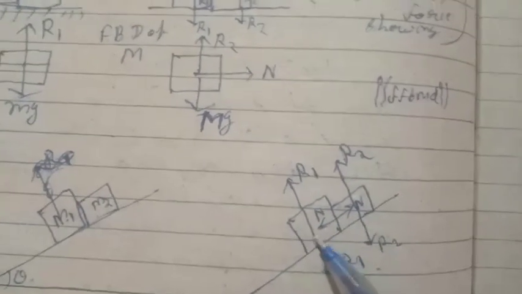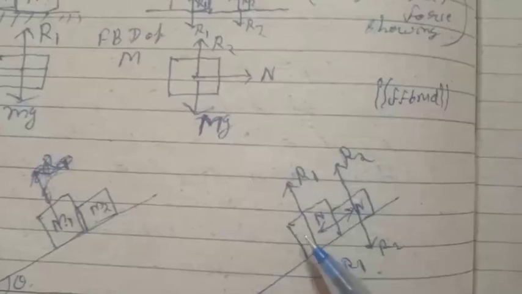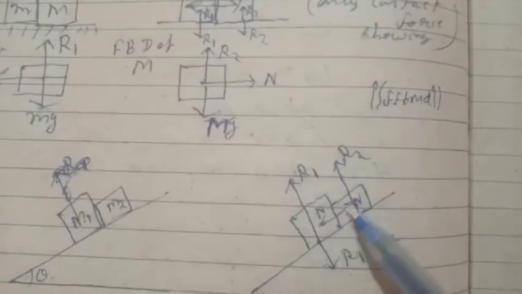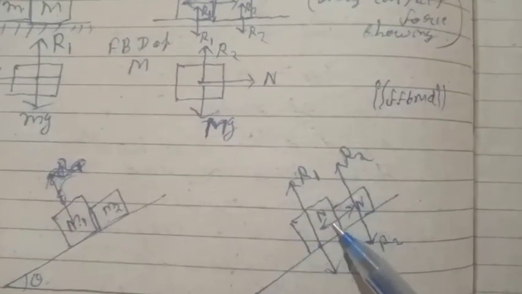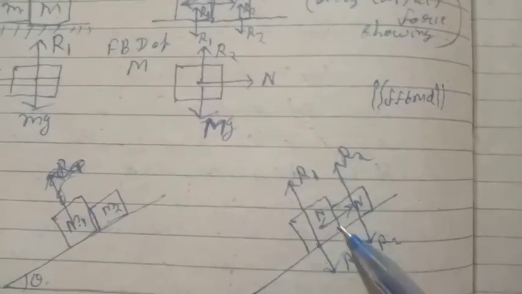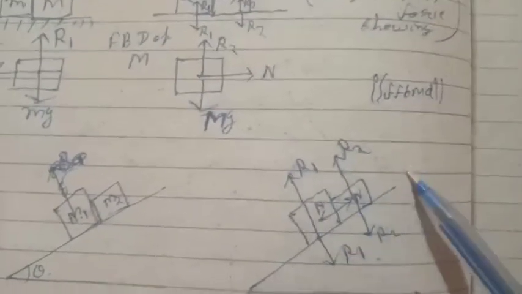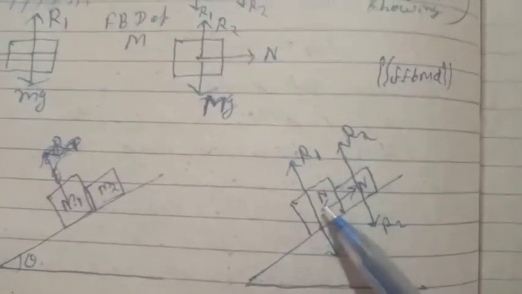But if you ask only contact force, then it will be the vector sum of normal reaction and friction force when friction is countable. Now in this body, we are considering only normal reaction or normal contact force, not showing the friction force. Further we will also show the friction force.